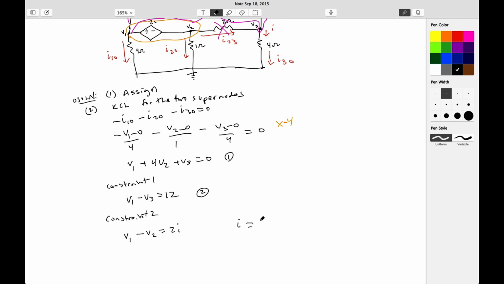Furthermore, we know that I is equal to (V3 minus 0)/4, in other words, I3 0. So that means constraint 2 is reduced to V1 minus V2 equals 2V3 over 4.